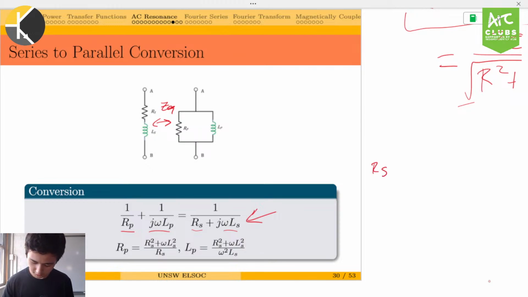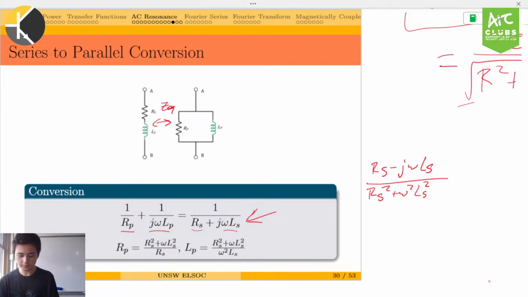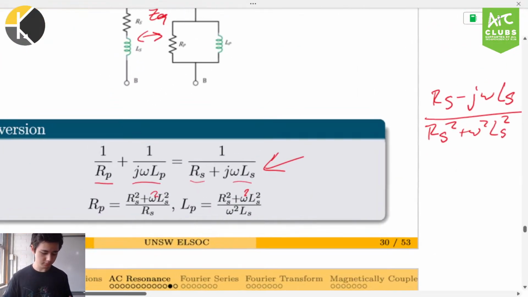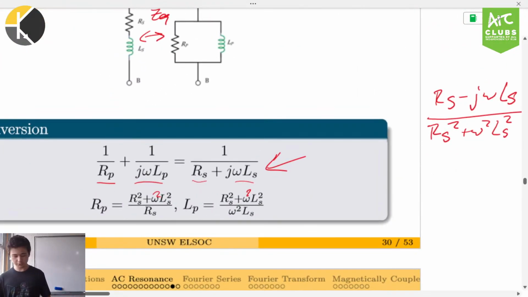So I get RS minus J omega LS all divided by RS squared plus omega squared LS squared. And then I just divide this across RP. So this gives me RP equals, that should be a square. RP equals RS squared plus omega squared LS squared all divided by RS, and so on.